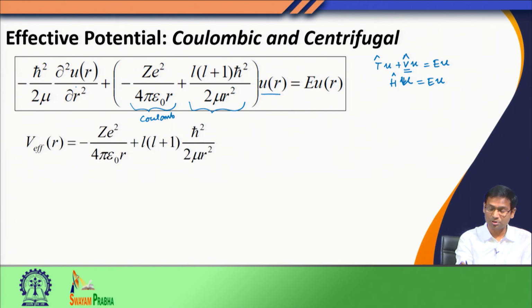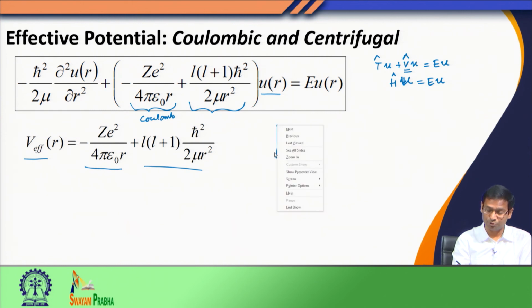So, now it looks like the hydrogen atom problem is essentially the solution of a differential equation, where the effective potential is given by a Coulombic term and another term that we will discuss now. So, this becomes an effective potential energy that the electron experiences in hydrogen atom.